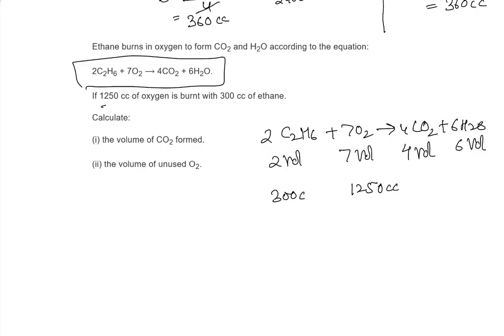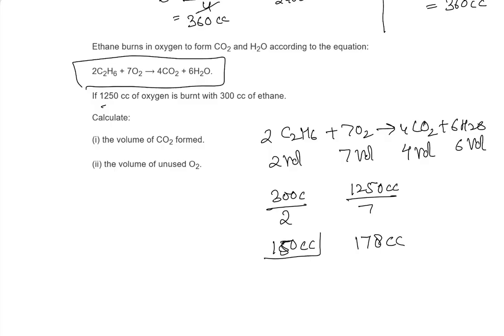As in most reactions, whatever you get in your stoichiometry or Gay-Lussac's law, there are 2 reactants, and one will be in excess, one will be used up. So the same thing we will follow here. 300 divided by 2, 1250 divided by 7. Once you calculate 300 divided by 2, you will get 150 cc, and 1250 divided by 7, you will get 178 cc.